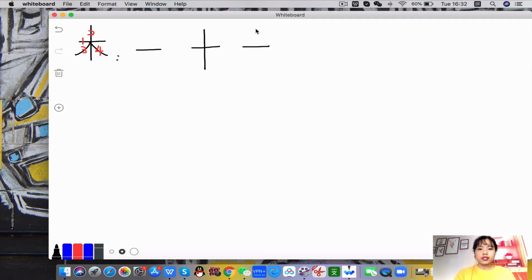Third stroke is 撇. And the fourth stroke is 捺. So this we read 木.